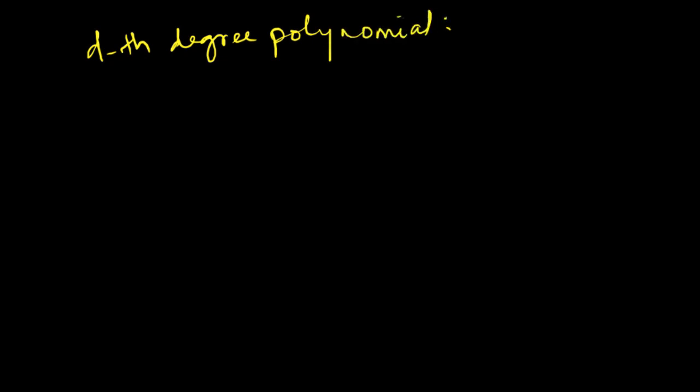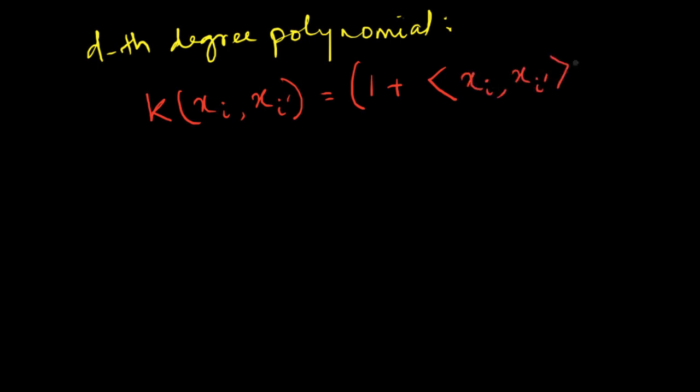So you could have a d-th degree polynomial, in which case your kernel k of x i comma x i prime is given as 1 plus the usual inner product of x i comma x i prime to the power d.